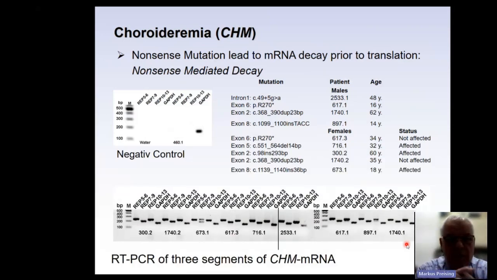And also in patients as well as in females. Therefore, there is choroideremia mRNA in these patients that can be used for gene therapy approaches.